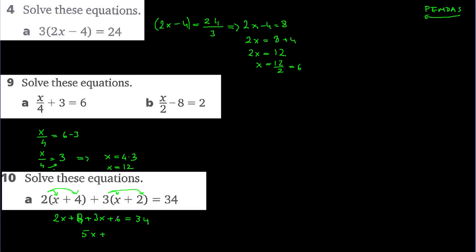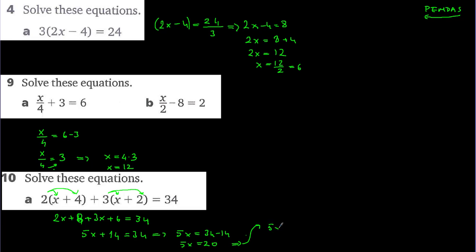This is 8. 8 plus 6 is equal to 14. That's equal to 34. If I continue on this side, 5x is going to be equal to 34 minus 14, and 5x should be equal to 20.